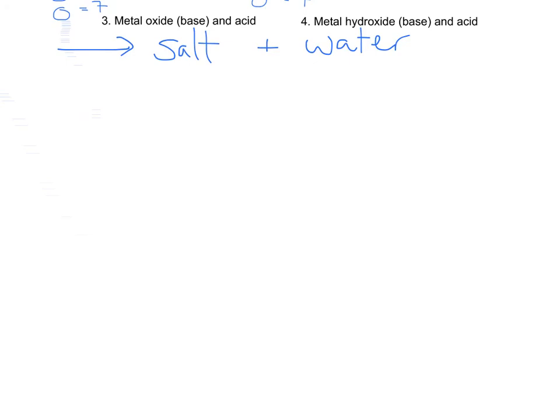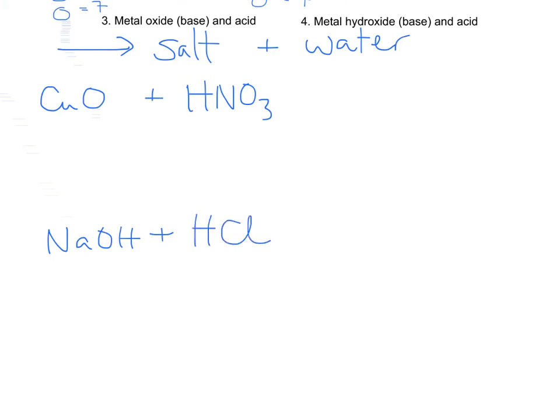So if I have something like copper oxide or sodium hydroxide, and I react them with an acid, so this time we'll use nitric acid, which is HNO3, and again you just need to learn that, and we'll do HCl with the last one. Then we make a salt and water.